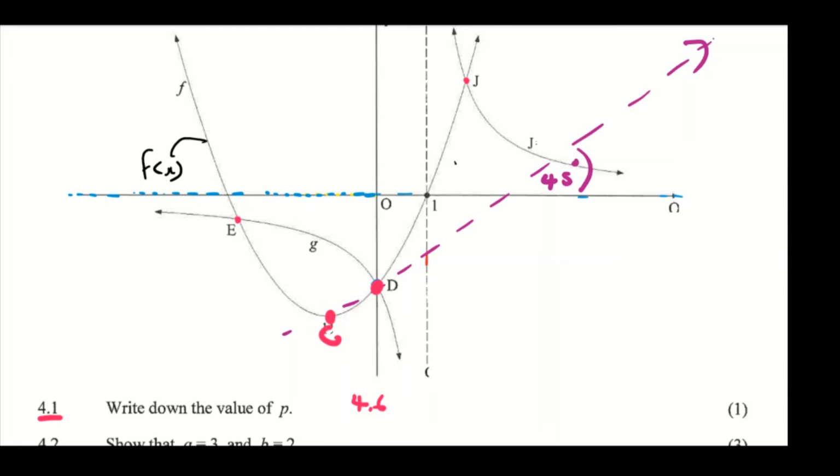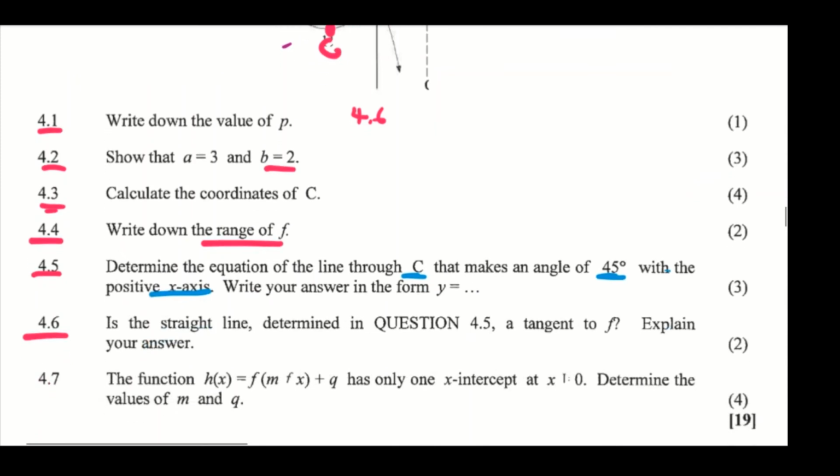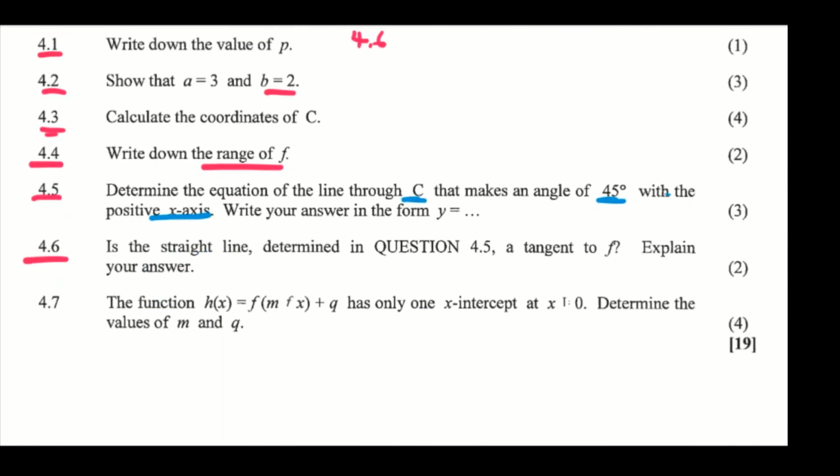So it just makes it not a tangent, because a tangent passes through a graph at one point. So the answer for 4.6, you say no, it's not a tangent to the graph. Why? Because it passes through point C and D, right? So that is the answer for this question here.